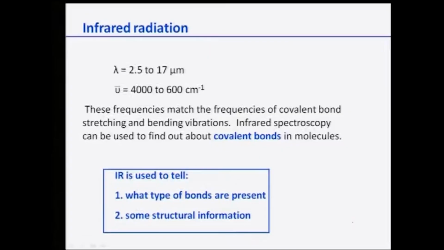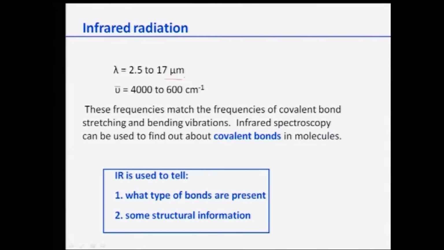Now I am going to show you the actual values of the infrared radiation wavelengths and wave numbers. Wavelengths fall in the region of 2.5 to 17 microns, which is quite large compared to the visible. Visible wavelengths are 400 to 800 nanometers.